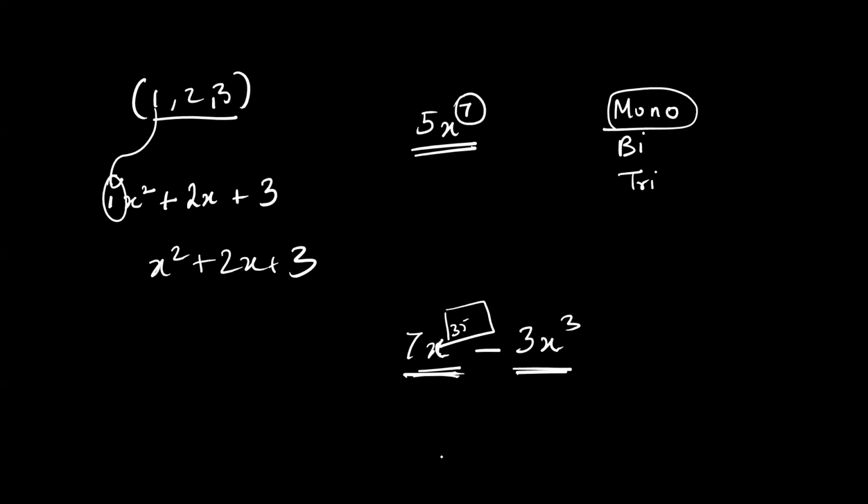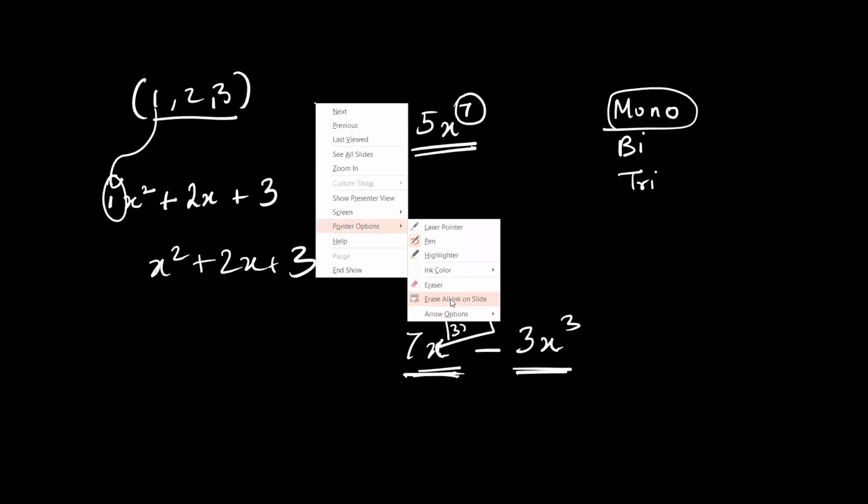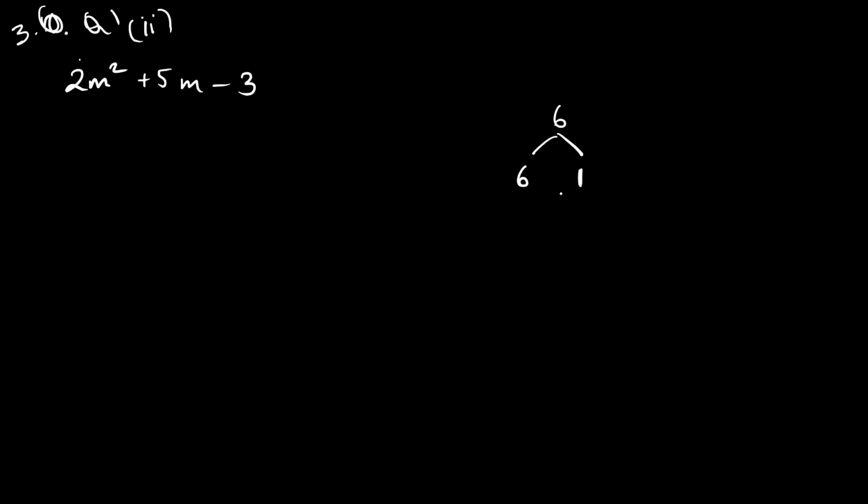Okay, someone is asking about 3.6 question 2 now. So let me just quickly do that. Question 2 is 2m square plus 5m minus 3. This is practice at 3.6, question 1, second sum. Here we'll multiply the first and last: 2 threes are 6. The factors of 6 are 6 and 1.